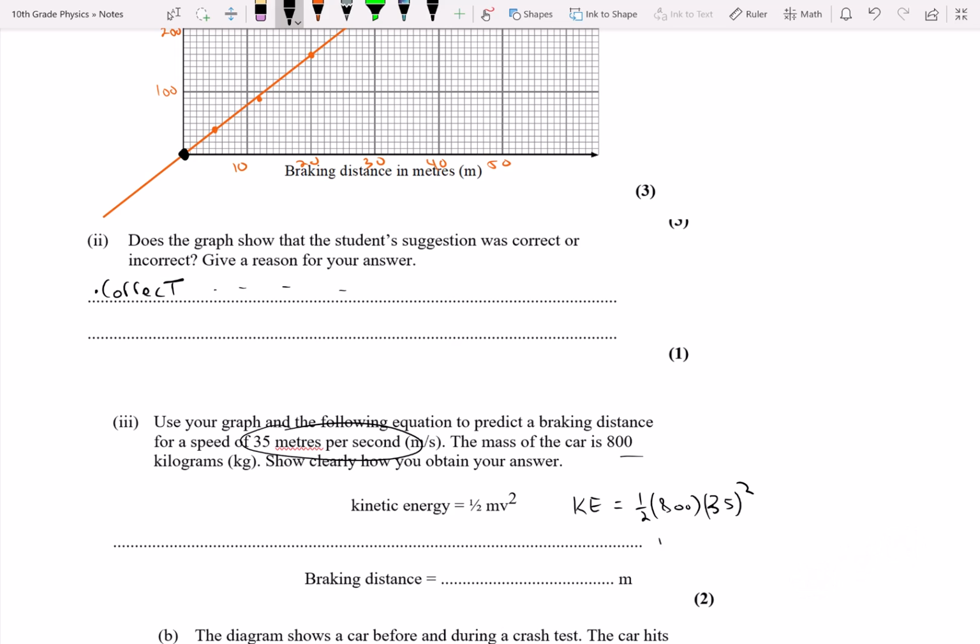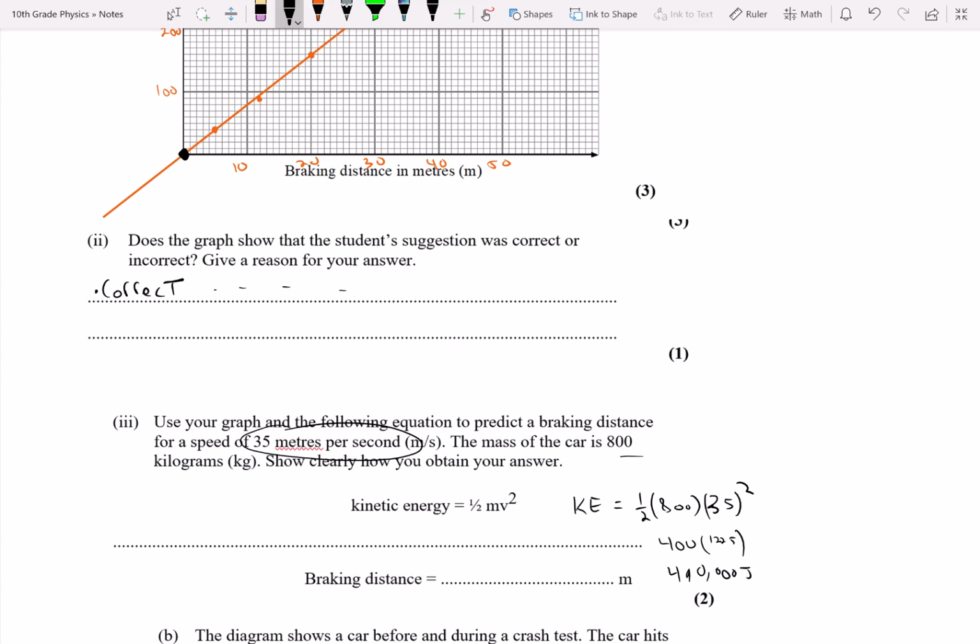All right, so we get out our calculator and we do this. Half of 800 is 400, so we can avoid that. 35 squared is 1,225 times 400 is 490,000.